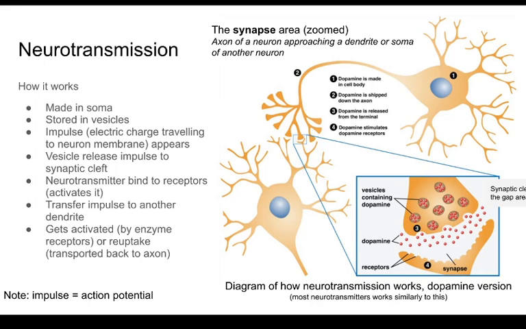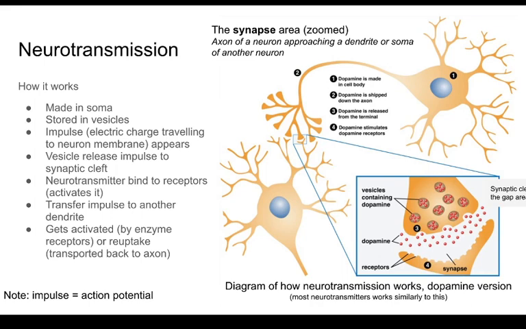It would keep the vesicles open and move out the neurotransmitters to let them bind to receptors in the next dendrite area.